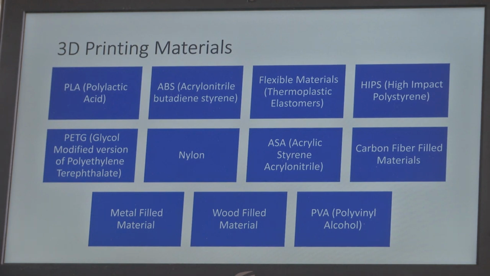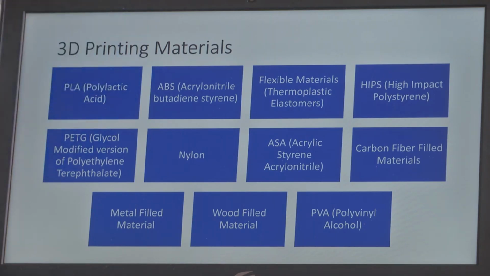And for easy printability, PLA has the most advantage, and if carbon fiber, metal or wood fine powder is mixed with PLA, that is also easily printable. Easily printable means a 3D printer with low specification can print that.